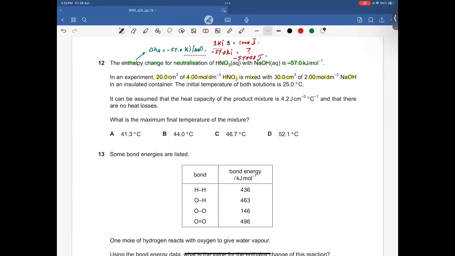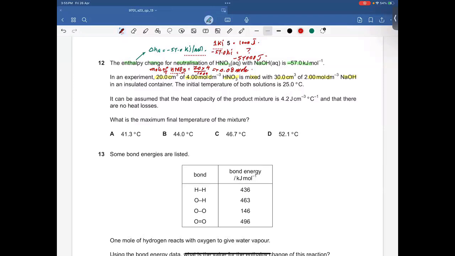So let's find out the moles of nitric acid from here. The volume is 20. The concentration is 4 divided by 1000. I'll get the moles of HNO3, which is 20 into 4 divided by 1000. You will get 0.08 moles.